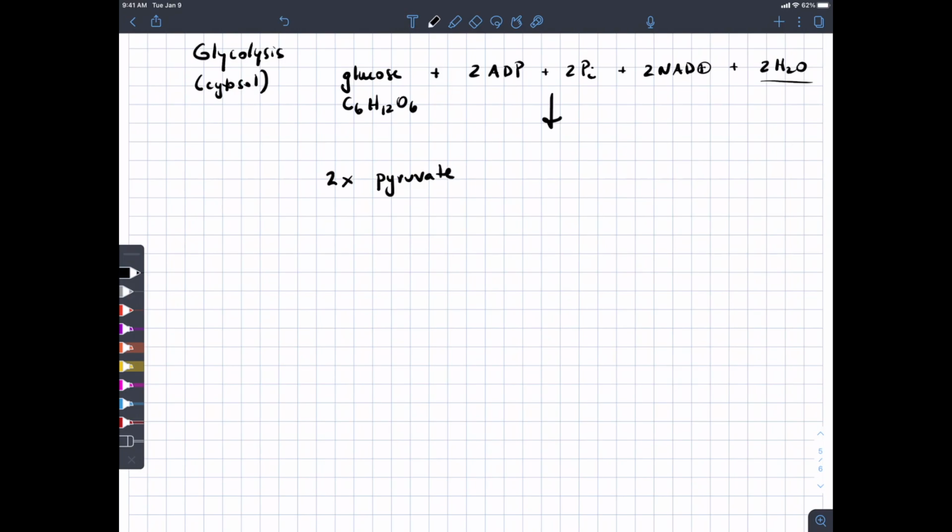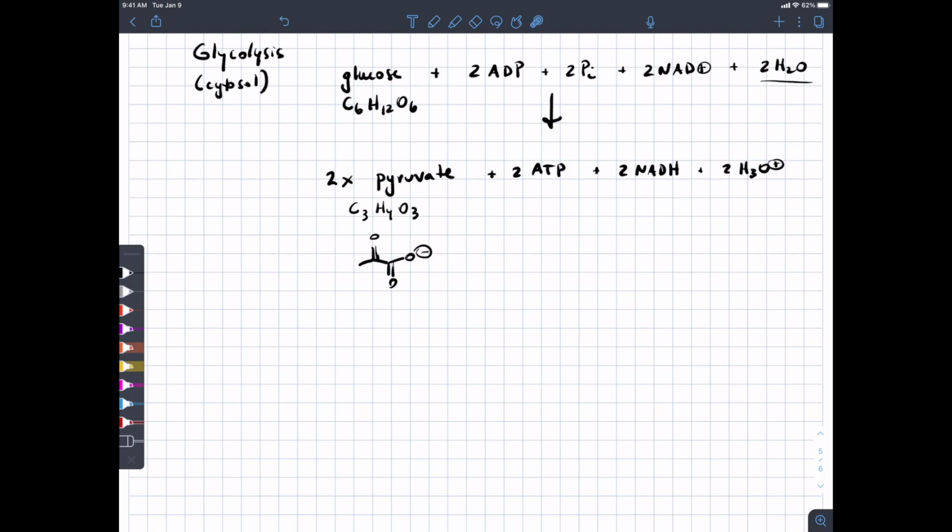And pyruvate is C3H4O3. Looks like this. You're going to get 2 molecules of ATP, 2 molecules of NADH, and 2 H3O pluses, which again, we're just sort of balancing things and keeping track of the protons.